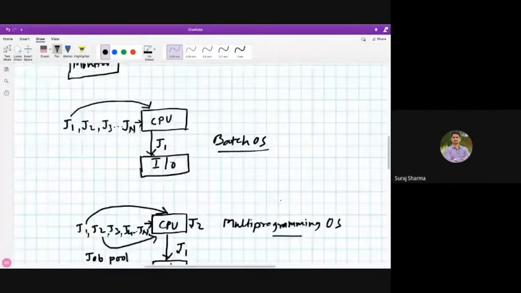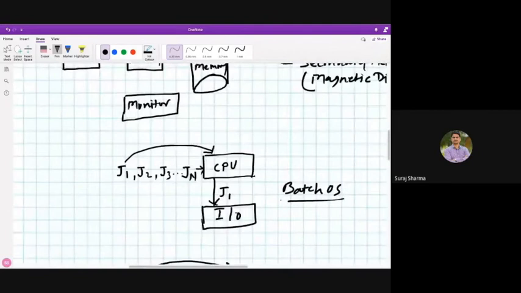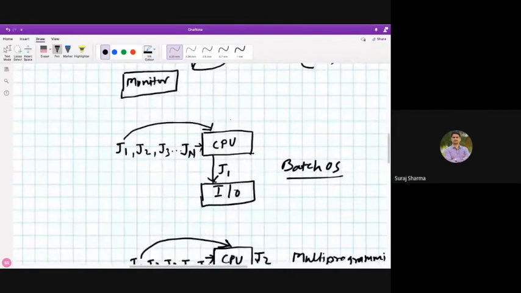We can describe batch processing with this particular diagram. Here we have CPU and some IO peripheral. You can understand that these two are your resources, okay? And your memory is also there. Assume that all the jobs are there in the main memory.